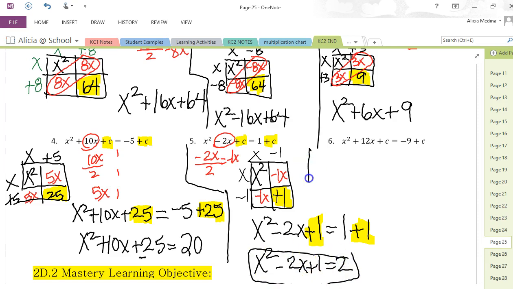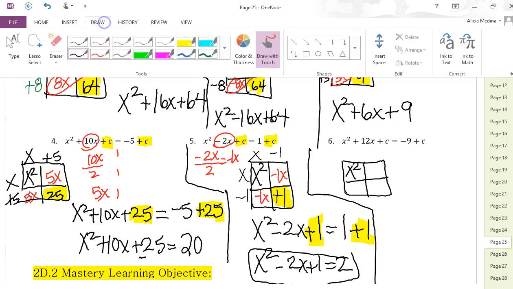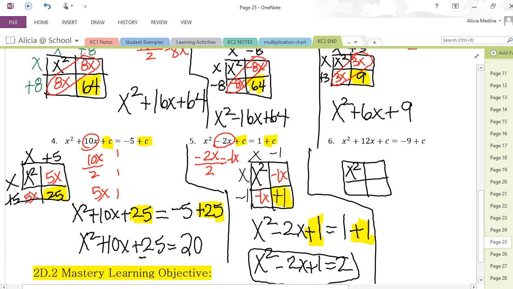I thought that was the last one, but I forgot number 6. So number 6, sorry for all the messiness. Starting off with our Punnett square box, x squared. Taking that middle term, we want to divide it in half. If I see that 12x, I'm going to chop it in half, which is going to give me 6x.